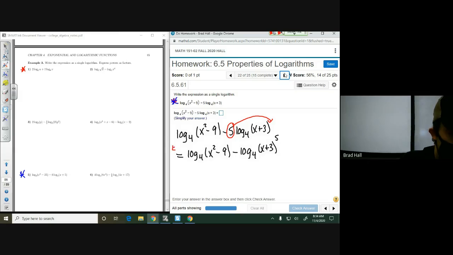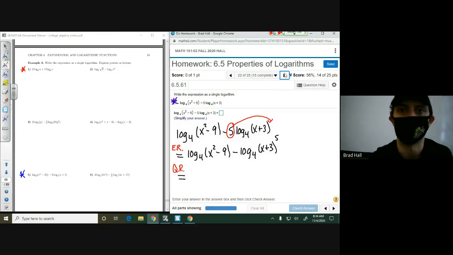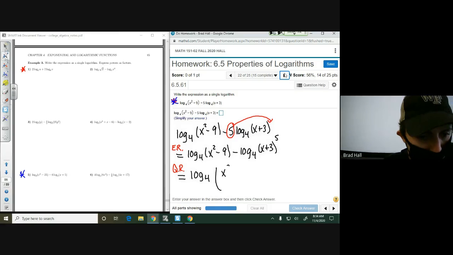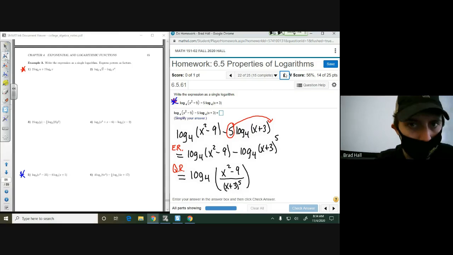Going to the next step, this is going to be the quotient rule, because that's what corresponds to the subtraction of logarithms. So now we can combine this as one logarithm, where we have x squared minus 9 in the numerator, and x plus 3 to the 5th power in the denominator.